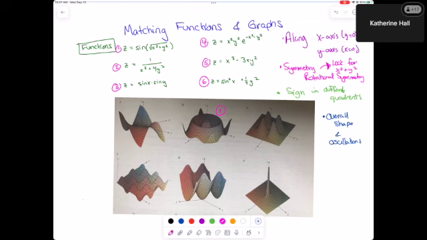Now let's think about it. It's 1 over x squared plus 4y squared. So when x and y are big, the function should be small, because I'm dividing by a really big number. And when they're really small, it should be big. So this is going to look like that graph for number 2, because it's almost symmetric, except it has more of an ellipse there.